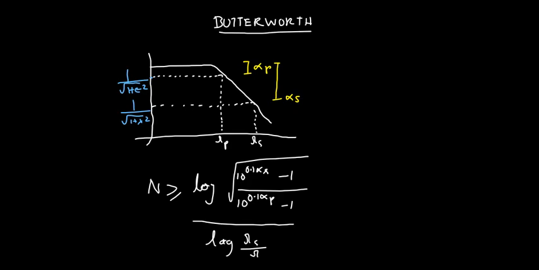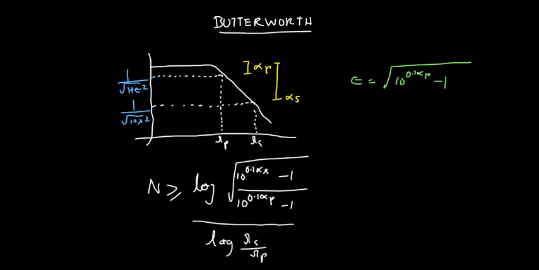Note that epsilon is equal to square root of 10 power 0.1 alpha p minus 1.